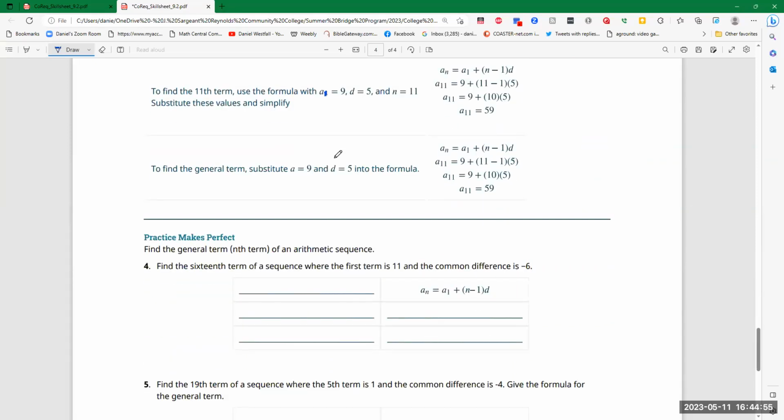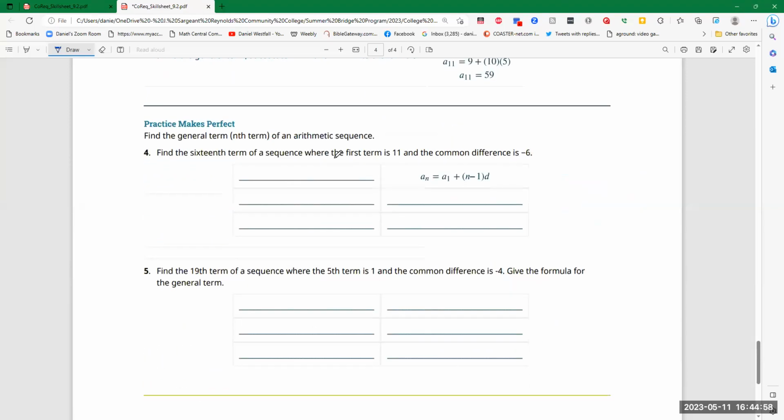Now, if I want to practice this, let's find the general term, the nth term of this arithmetic sequence. Find this explicit formula here is what they want. Find the 16th term. So I want A16 going to be equal to A1, which is 11, plus, and the common difference is -6.